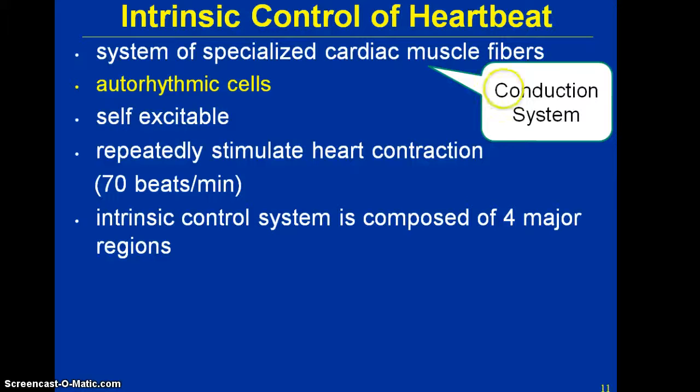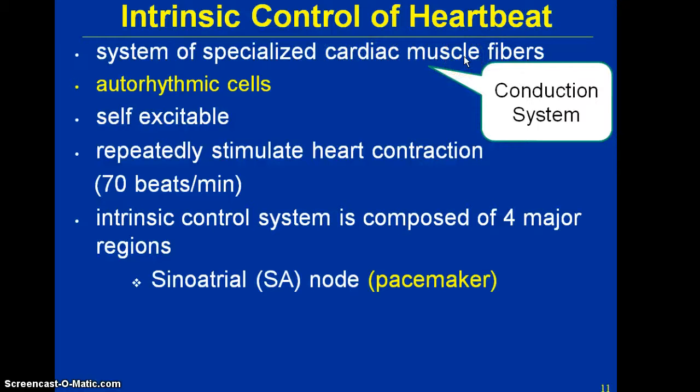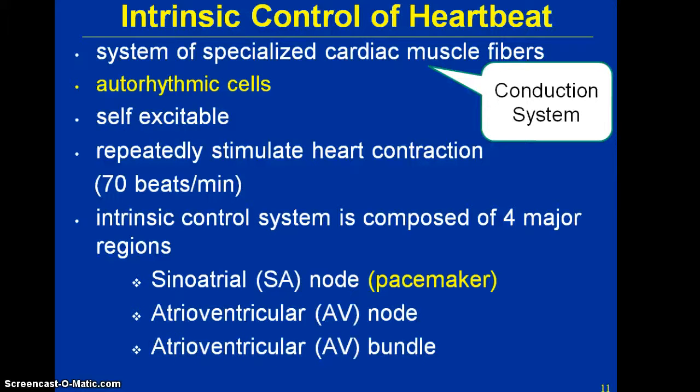There are 4 major regions of these specialized cardiac muscle fibers. The SA node is known as the pacemaker, so it actually sets the pace of the heartbeat. Then the atrioventricular node, the atrioventricular bundle, and lastly, the Purkinje fibers.